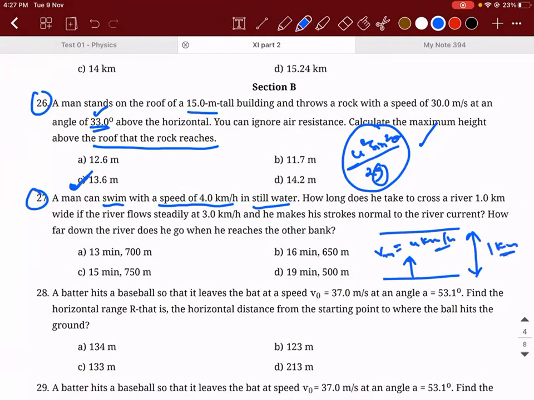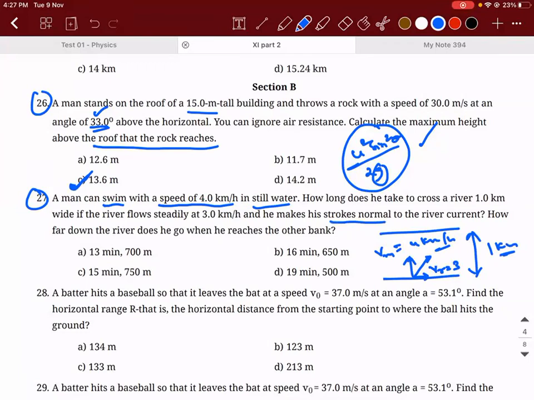If the river flows steadily, the velocity of the river is 3. So the velocity of the man with respect to the river will be 5. Correct? They told us he makes the strokes normal to the river current. Normal means perpendicular to the river current.